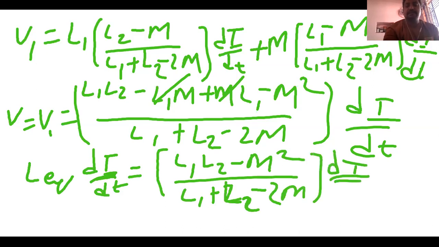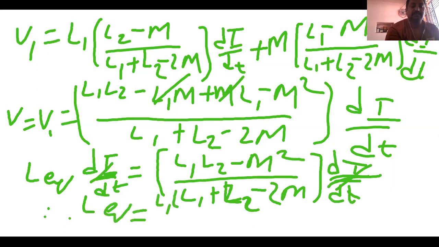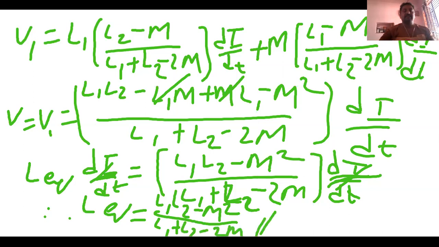So this di by dt gets cancelled. Therefore, L equivalent in case of this parallel circuit should be equal to (L1 L2 minus M square) divided by (L1 plus L2 minus 2M). So this is the value of equivalent inductance in case of the parallel aiding.